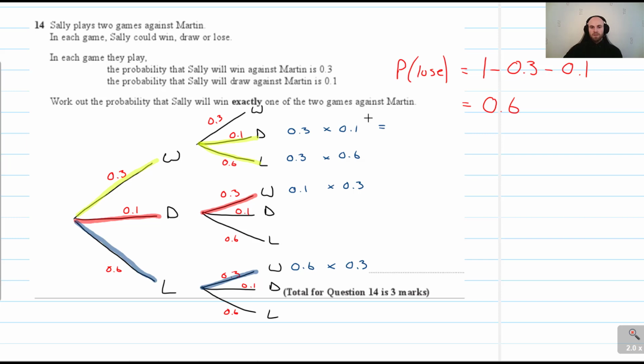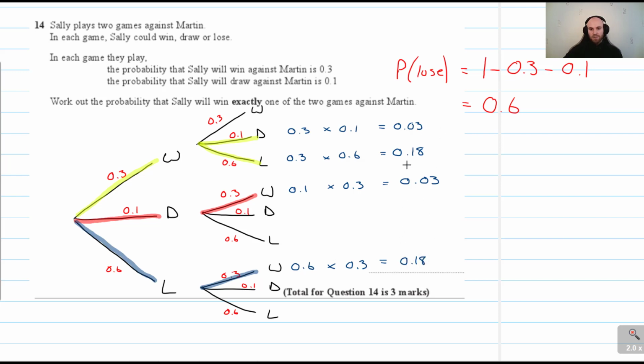Well, 0.3 multiplied by 0.1 is going to be 0.03. And the same for draw-win, because that is exactly the same: 0.1 multiplied by 0.3 is 0.03. For win-lose, 0.3 multiplied by 0.6 is going to be 0.18. And the same for lose-win, exactly the same.